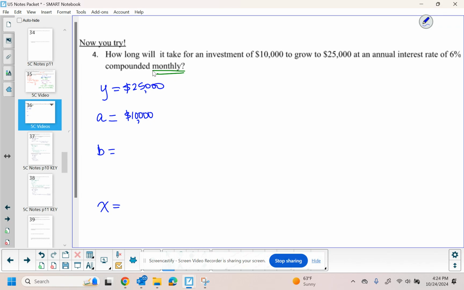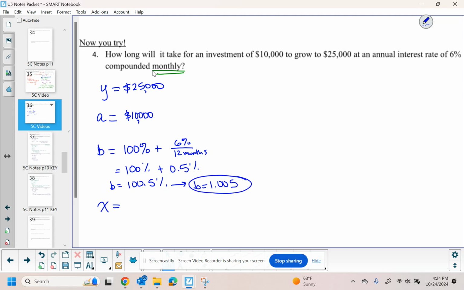And the interest rate is 6%, but it's compounded monthly. So it's 100% plus 6% divided by 12 months. So that's 100% plus 0.5%, 100.5%. So that means B is 1.005.